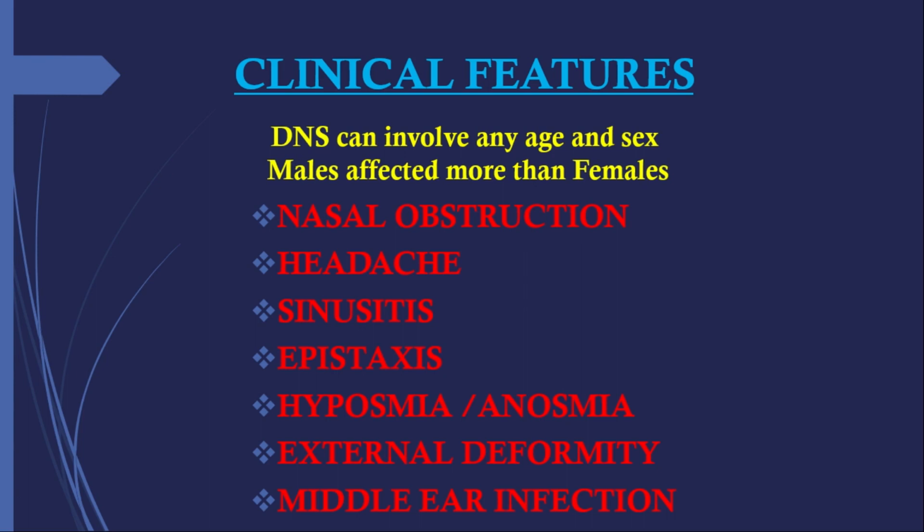Epistaxis can be due to the stretching of the mucosa of the nasal septum over the spur, sometimes due to trauma on the spur, and sometimes due to recurrent infections inside the nasal cavity.